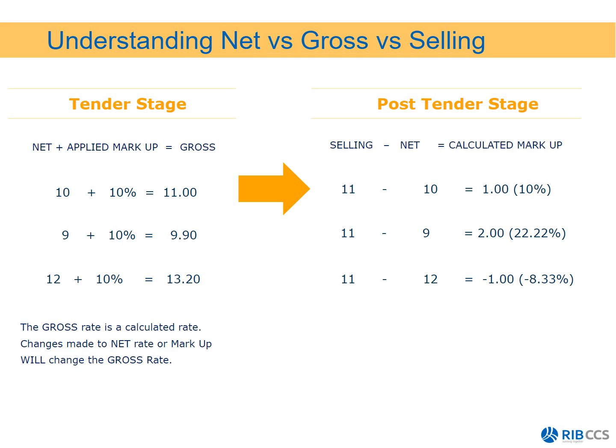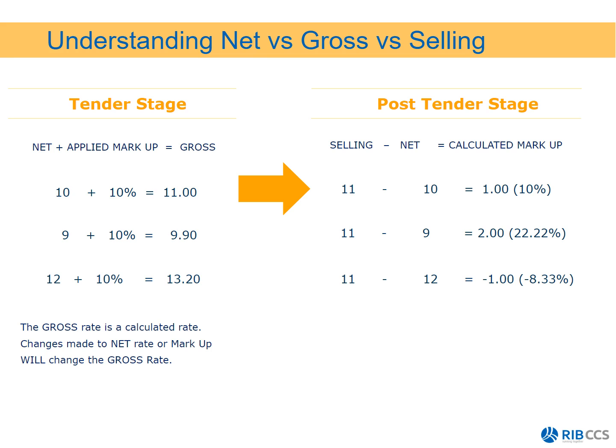What happens if we are able to get our resource slightly cheaper? So instead of us getting it for 10, we're able to get it for 9. So 11 minus 9 then gives us 2, which equals a 22.22% calculated markup. And things could also go the other way.